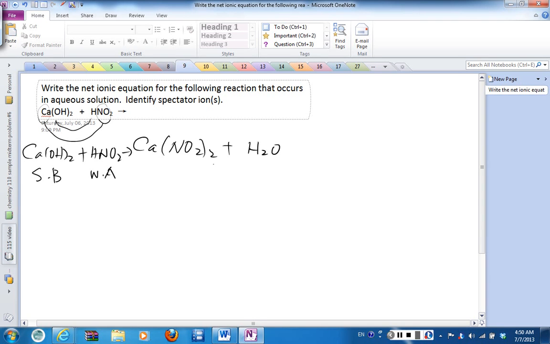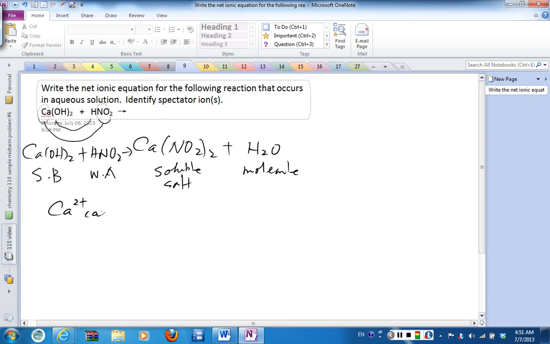Calcium nitrite is a salt. What kind of salt? Soluble, insoluble? Our solubility rule says most ionic compounds containing nitrite ion are soluble. Okay, so soluble salt. Water is no doubt a regular molecule. Now let's see if we can break it apart into ionic equation. Strong base, break it down.